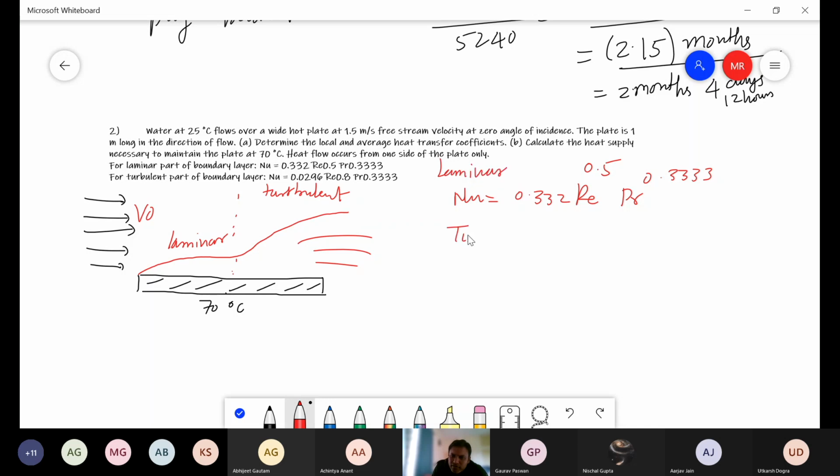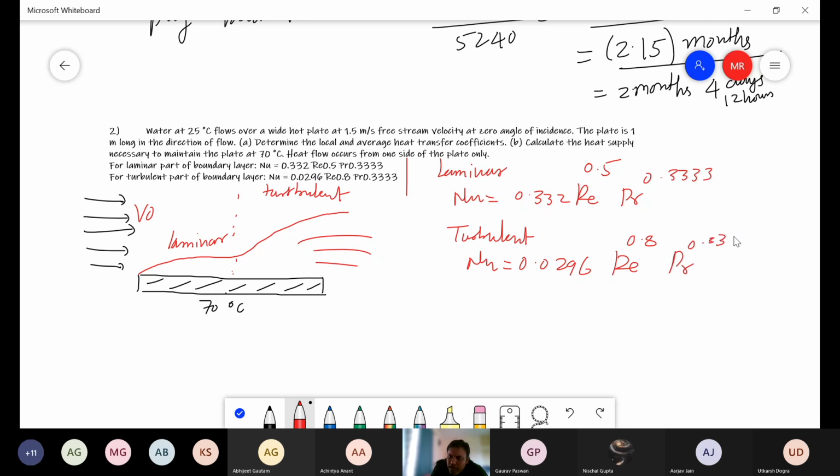For turbulent, the Nusselt number is given as, these are the two equations I am writing, but the exponents got messed up when I copied them from the tutorial sheet. That is given as 0.0296 Reynolds number raised to the power 0.8, and Prandtl number raised to the power 0.333.